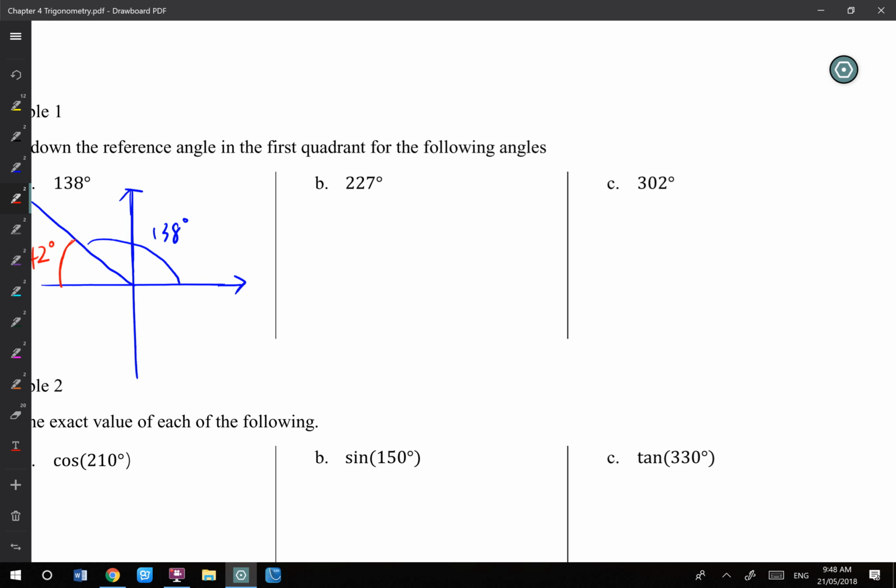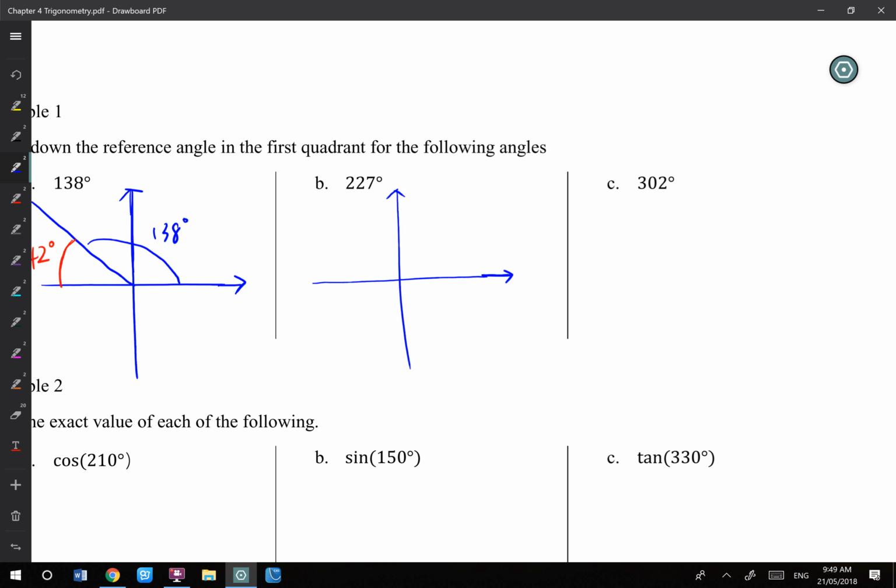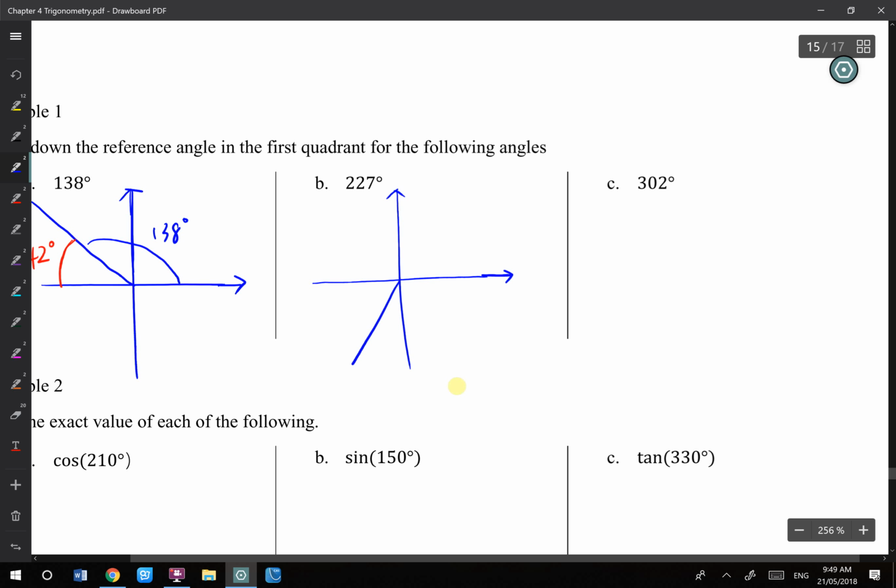Okay, can you draw 227, please? Okay, 227, where is it? Which quadrant do you have that? Third. Okay, it's about here. So from 0 to here, I have 227.